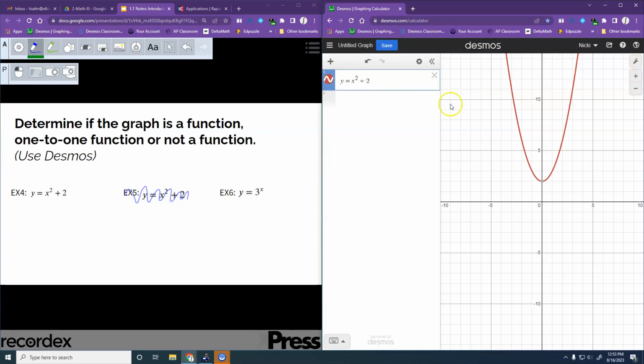All right, David, would this one pass the vertical line test? So if we had a vertical line, does it hit more than once anywhere? No. All right, so that means that it is going to be a function. It's going to pass that vertical line test. So we would say that this one is a function.